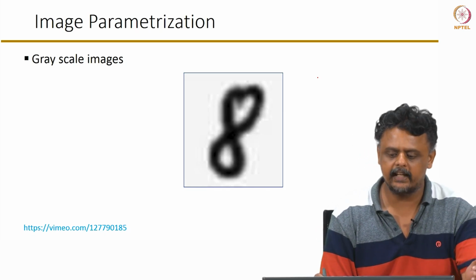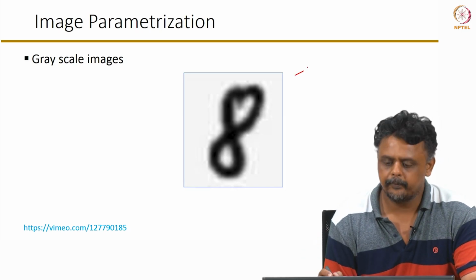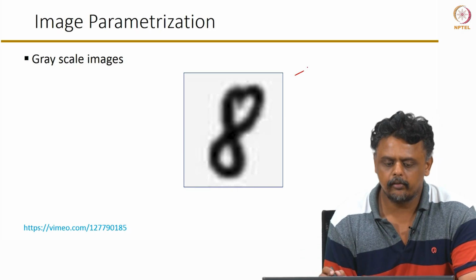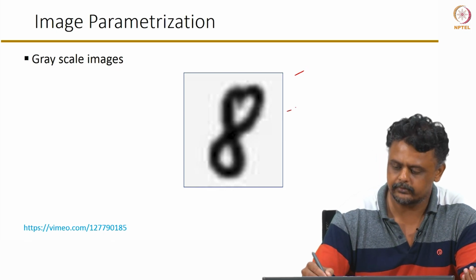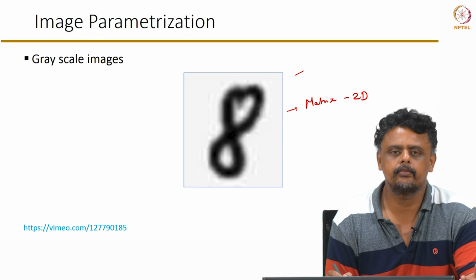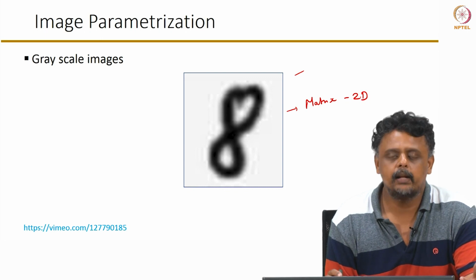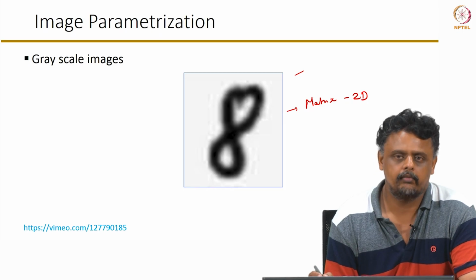So, if you take a grayscale image, here is an image of a digit 8. So, you can think of the image as being made up of, so this is actually a matrix. It is a 2D matrix. Okay. It is a 2D matrix, and the image is made up of pixels, with each pixel having a particular numerical value.